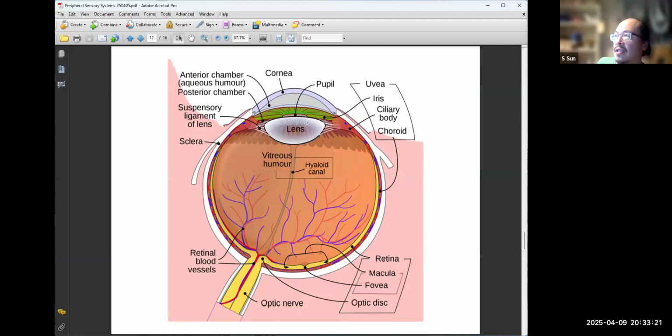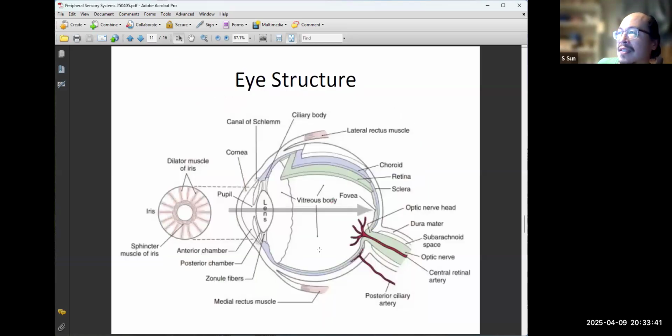Light coming through, the lens focuses your vision, making it focus on the fovea. And the macula, this whole region, will be able to detect your vision, your visual field, the thing you see.